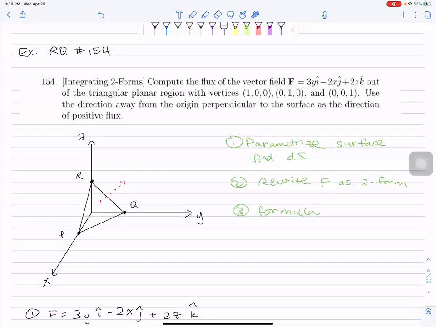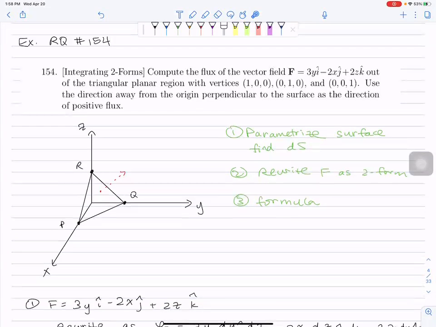So is this the method that's not Gauss's theorem? Yeah, this is not Gauss's theorem yet. This is another way of doing these questions other than Gauss's theorem. This is the parameterization way.